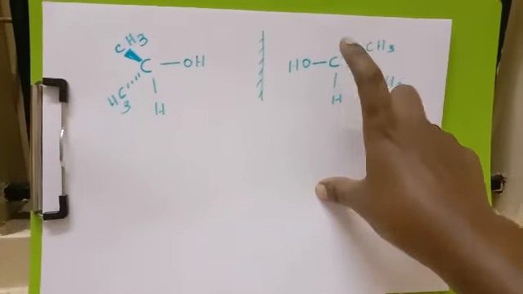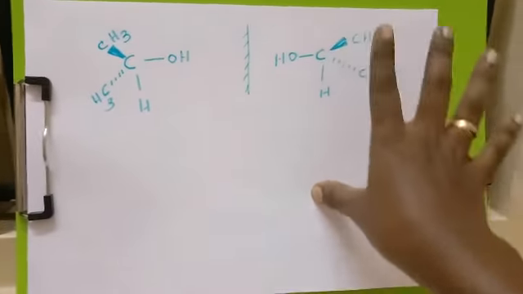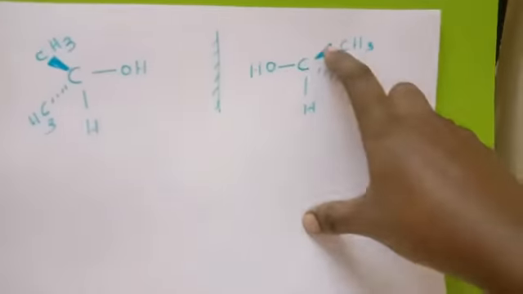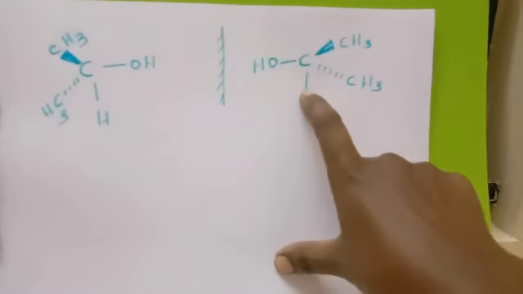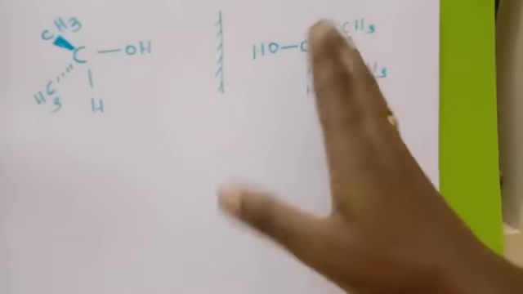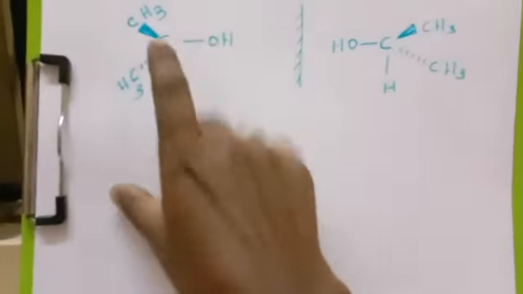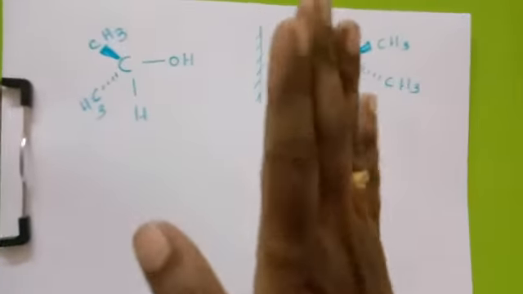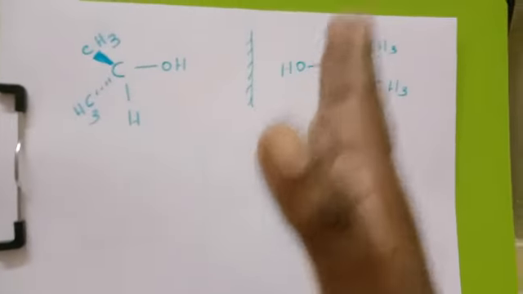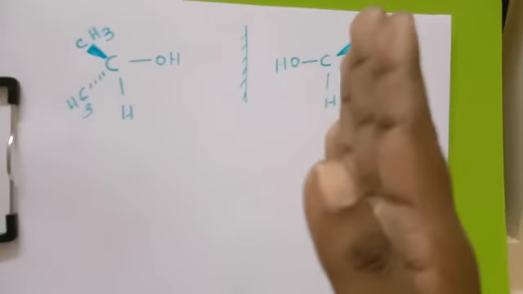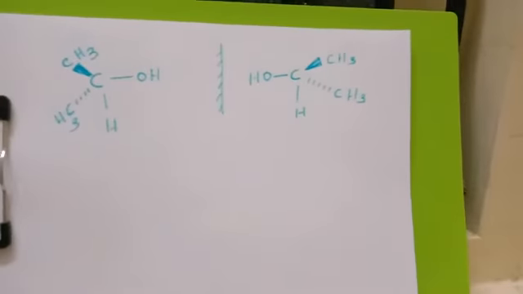The image of this molecule, if we rotate 180 degrees, we get the same structure. So it is not a chiral molecule, it is an example of an achiral molecule.